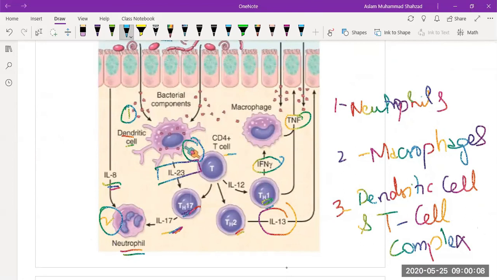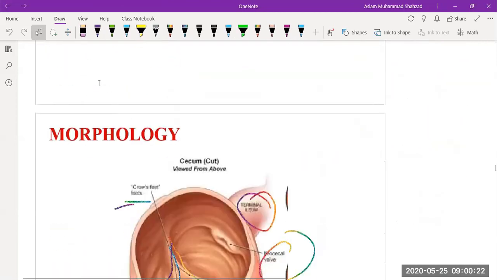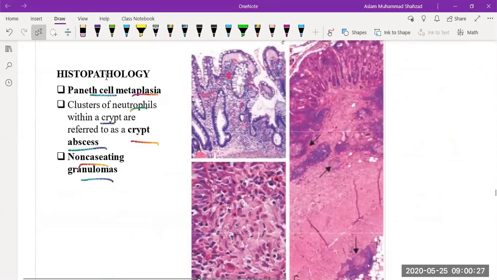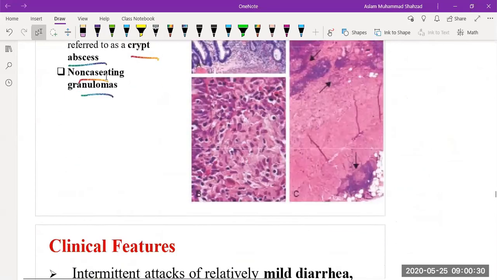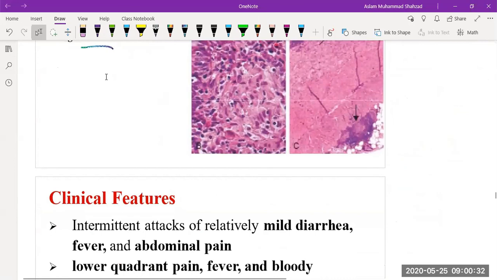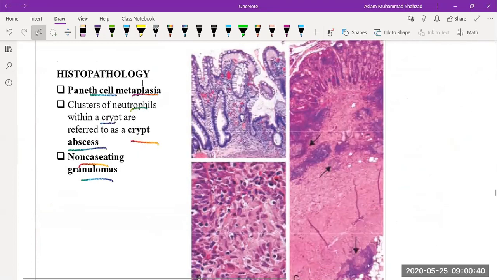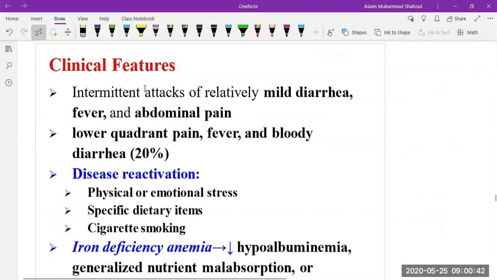This section is important. There will be neutrophil production through two mechanisms via interleukin 8, or by making a complex with the dendritic cells and T cells, promoting neutrophil production. This is very important, and it is expressed in the form of crypt abscess formation. And then there will be non-caseating granuloma, meaning it is not cheese-like in nature.